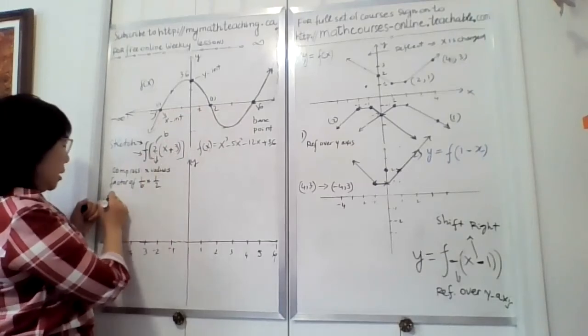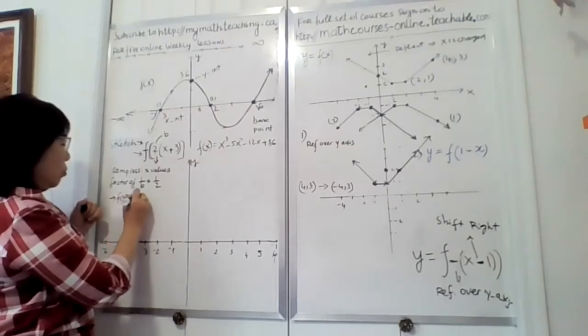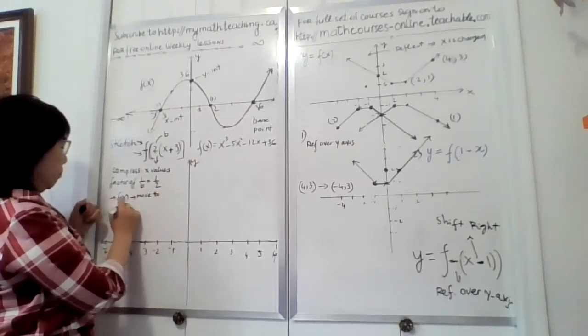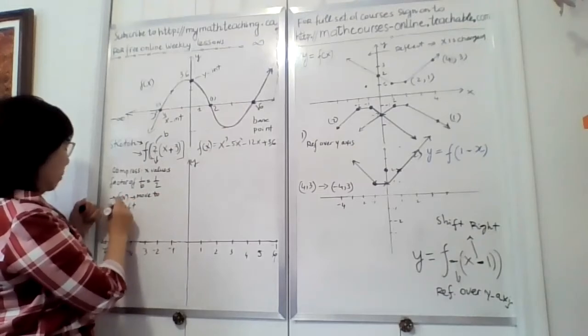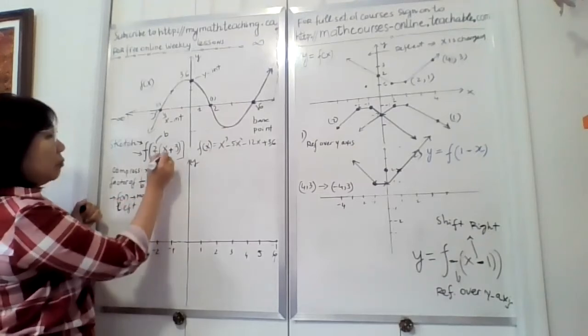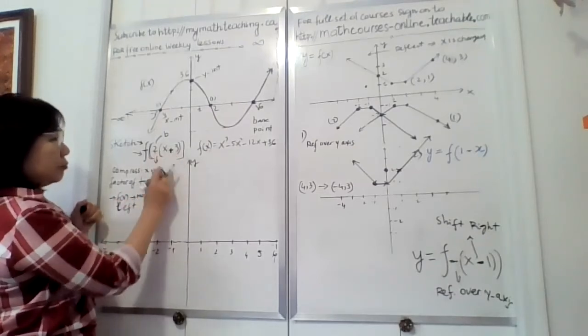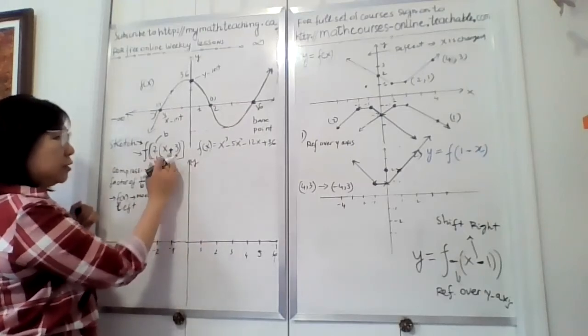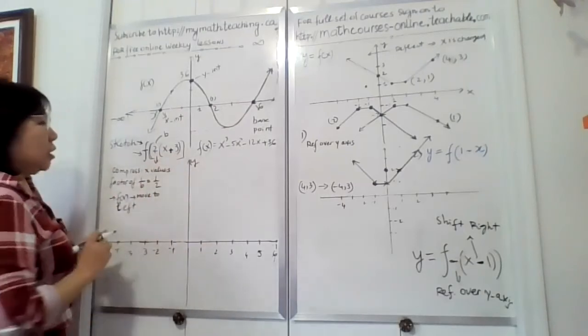Plus 3 indicates that the function f of x will move to the left, and not the right, because this is a plus sign. If it is negative, it will move to the right, but if it's positive, we move to the left.